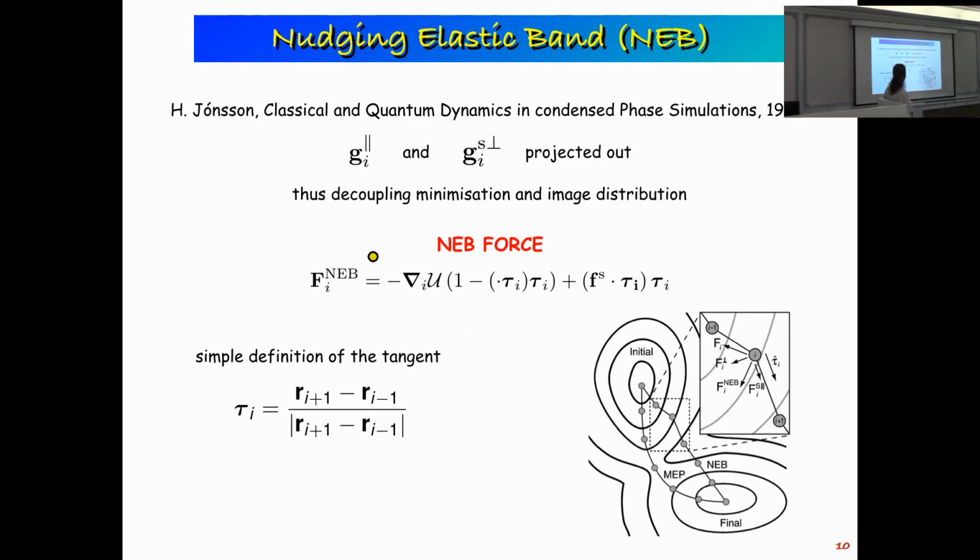So the first definition was simply something like this, where the tangent at I is given by the normalized difference between the position at I plus 1 and at I minus 1. And this is the NEB, the nudged elastic band forces, where you see that the tangent component is removed, and here there is only the perpendicular component of the spring potential.